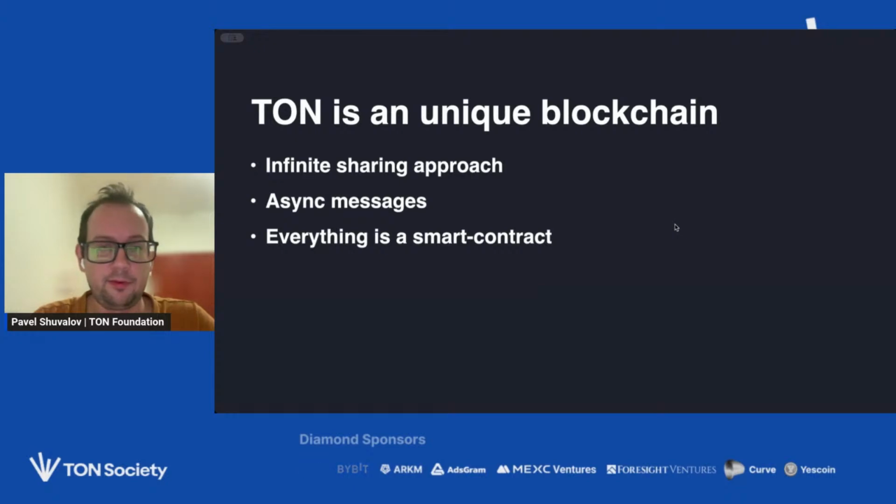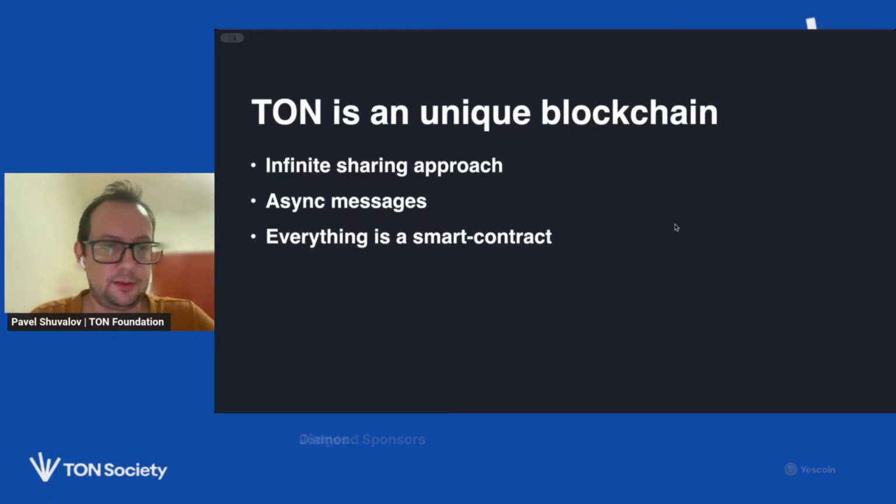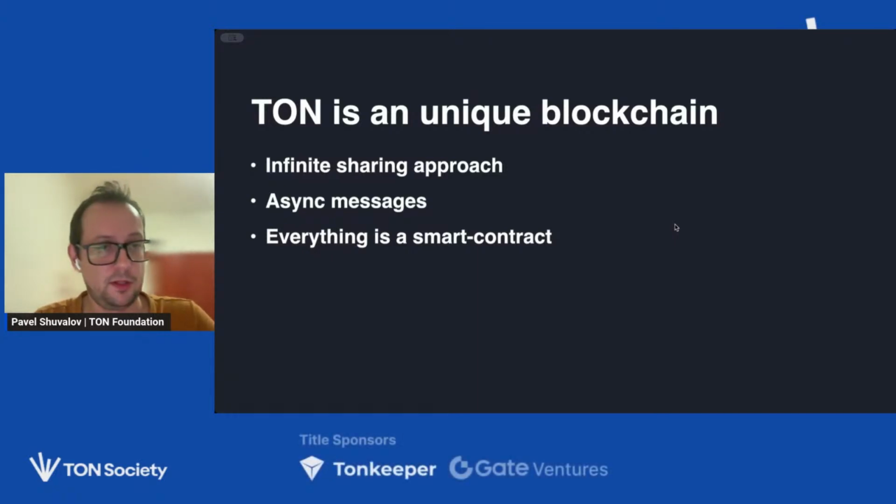We have three main architecture details that are different from most other chains: we have an infinite sharding approach, we have an asynchronous messaging model, and every address on chain is a smart contract.